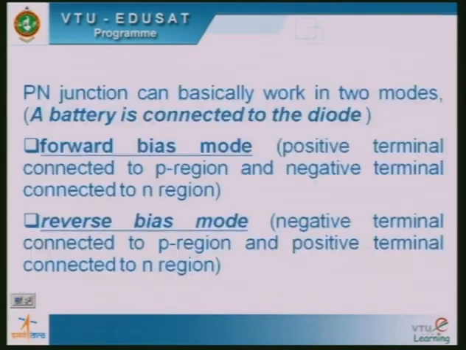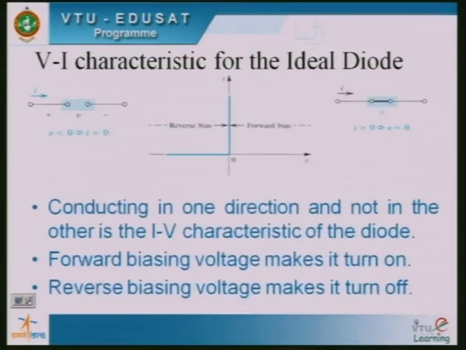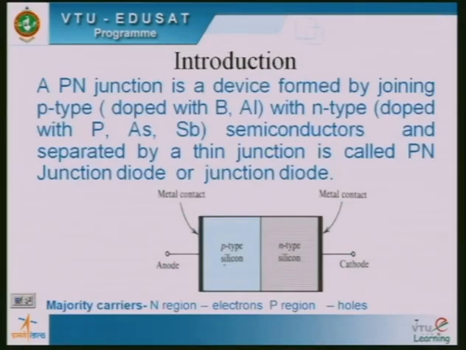We have had a discussion regarding what a PN junction is. A PN junction consists of P type silicon doped with either boron or aluminum, and N type semiconductor doped with phosphorus or arsenic, separated by a thin junction, and therefore it is called a PN junction diode.